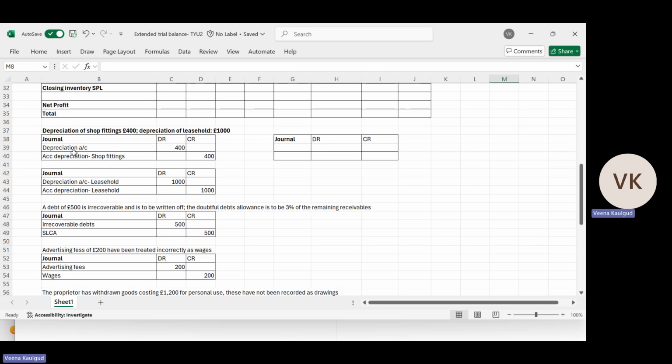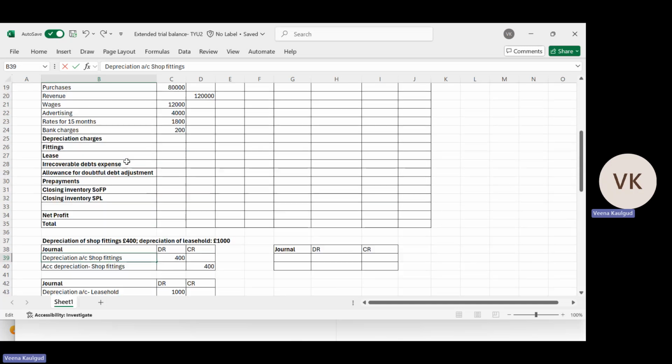Now it depends on the question. In this particular question they have given space for two journals, so we are putting two journals separately. One is for the shop fittings and the other one is for the leasehold. In some situations, they just do one journal, but they provide space for the total depreciation.